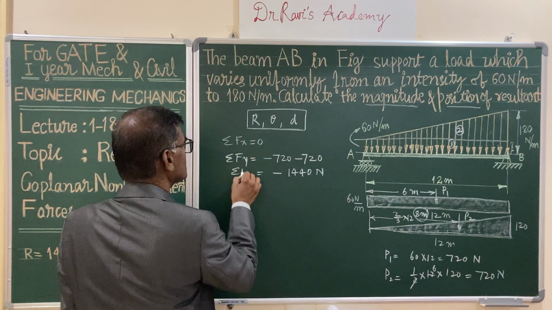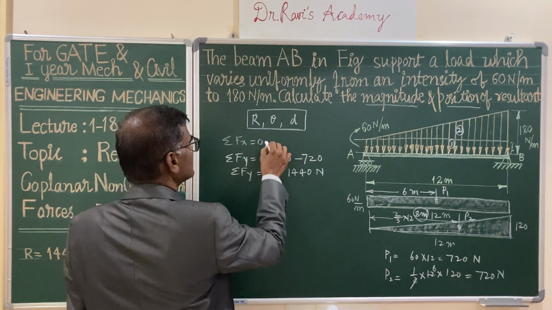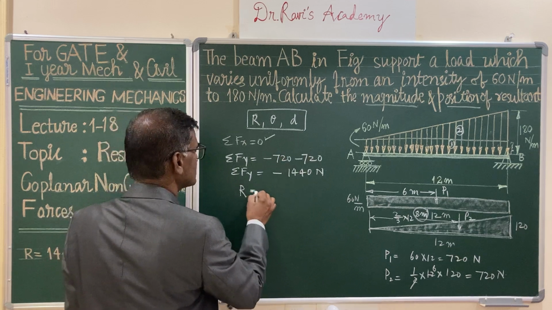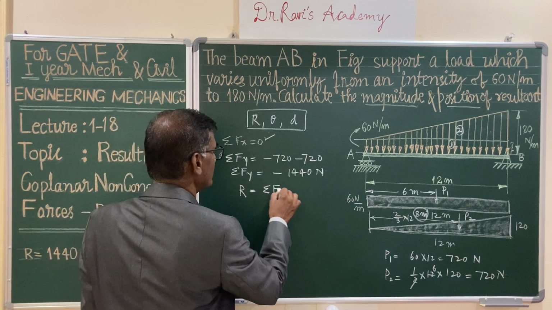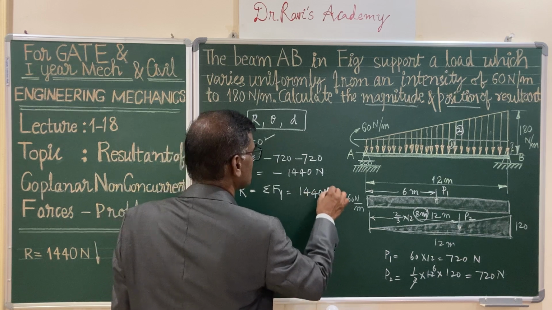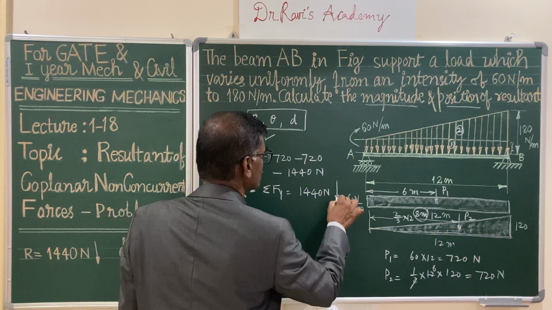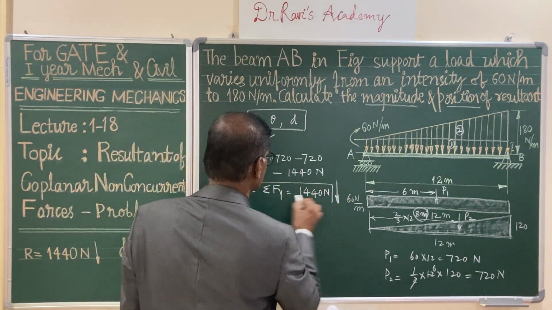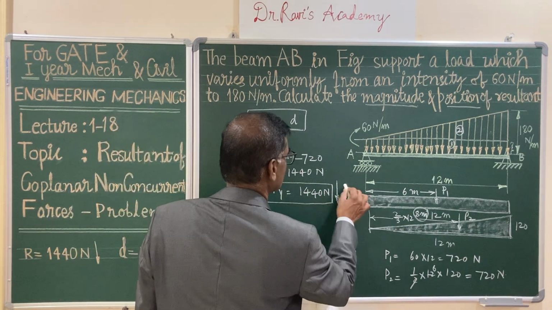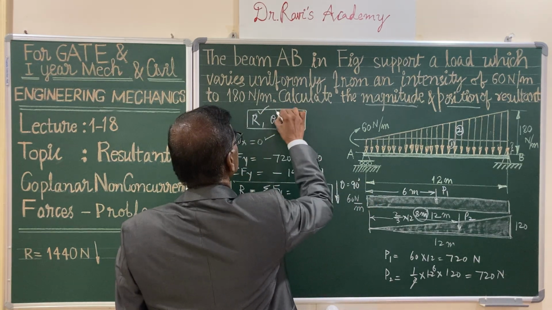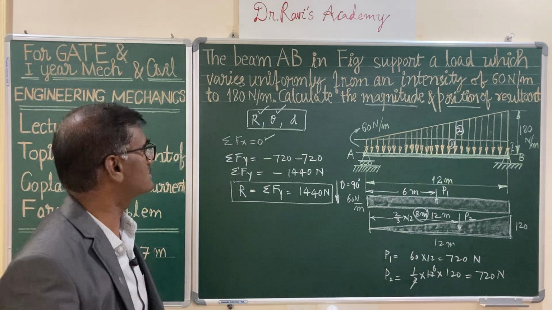Since sigma Fx is 0, the resultant itself is equal to sigma Fy, that is 1440 newtons, acting vertically downwards. So theta is 90 degrees. The first two parameters are determined.